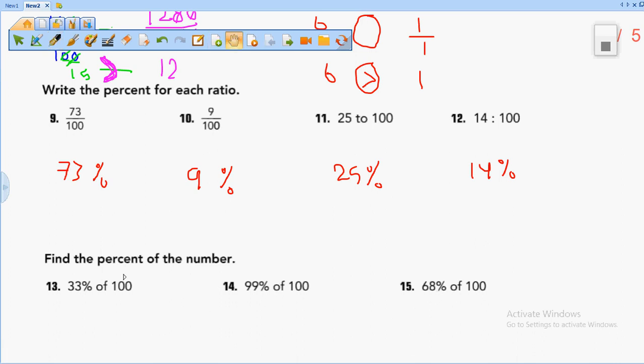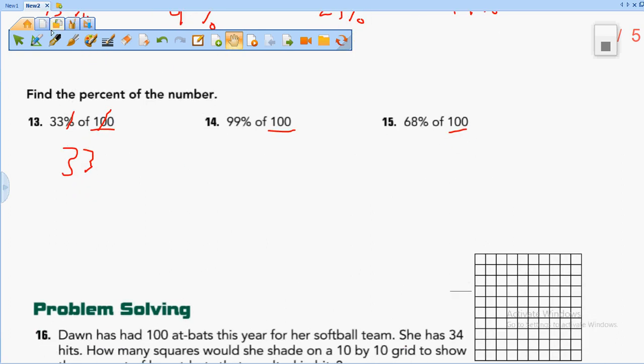Okay? Now find the percent of the number. When you see of 100, of 100, of 100, you can cancel 100 by the percent, so the answer is 33 direct. Or you can say 99 times 100, convert of to multiply, divided by 100 because it's percentage. 99 times 100 over 100 because it's percentage.